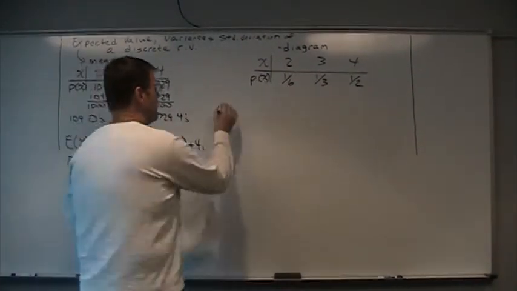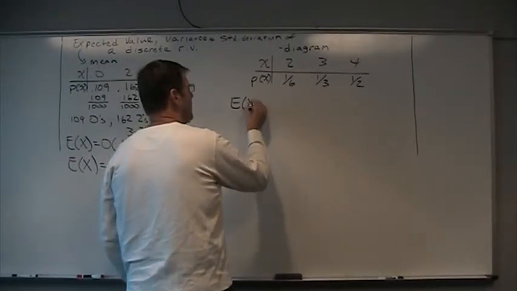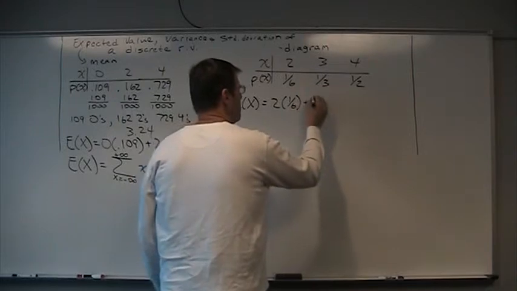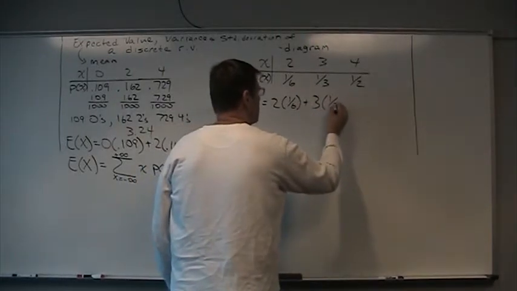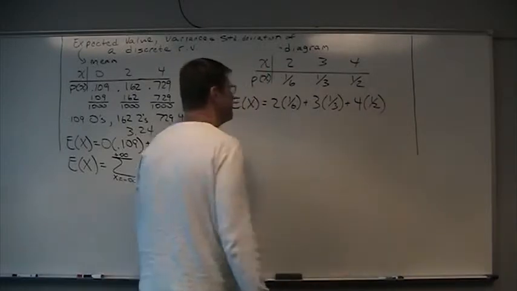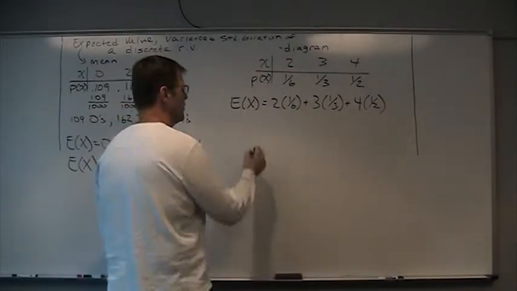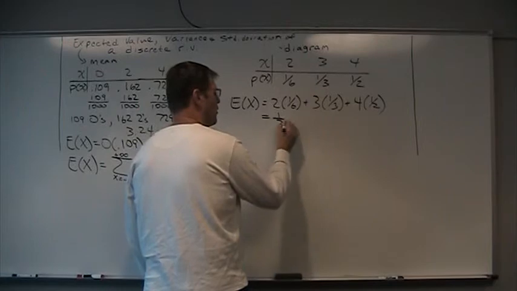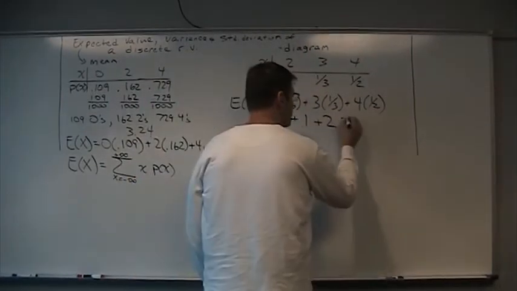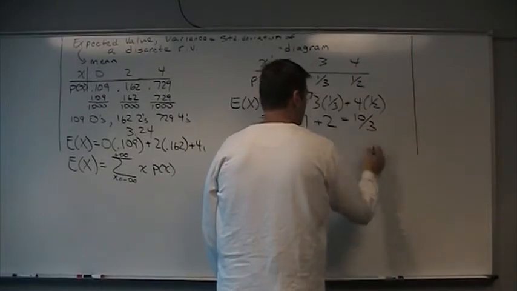So the expected value of x is going to be 2 times 1/6 plus 3 times 1/3 plus 4 times 1/2. So that gives us 1/3 plus 1 plus 2, or 10/3.